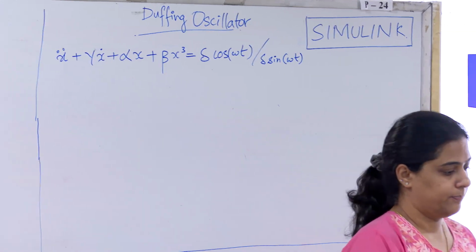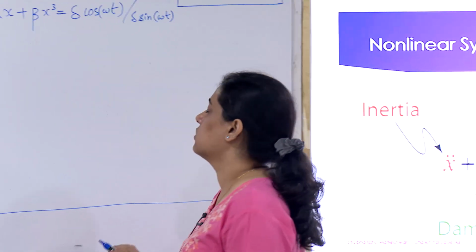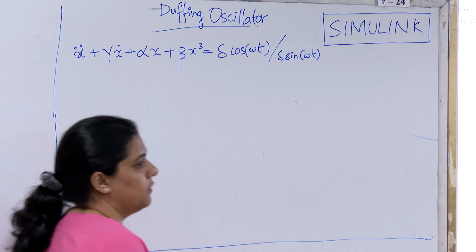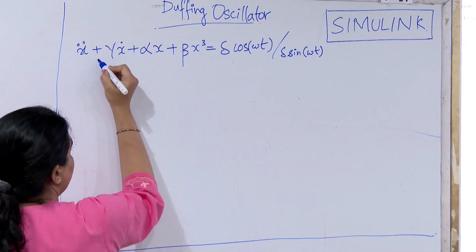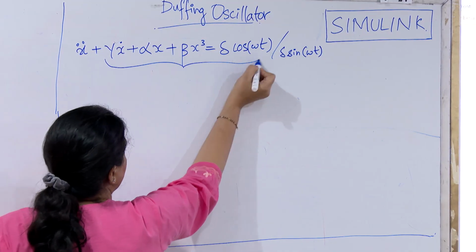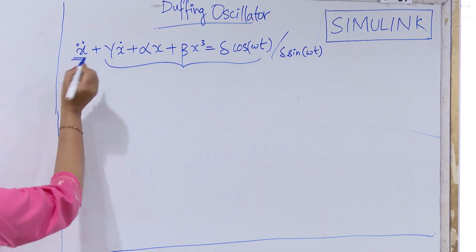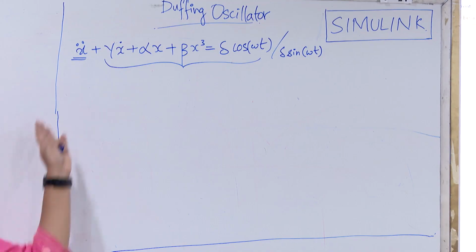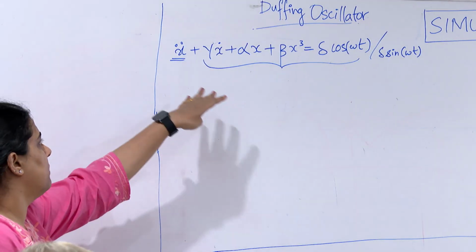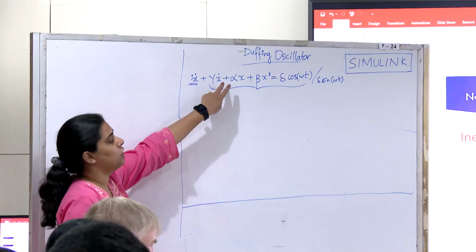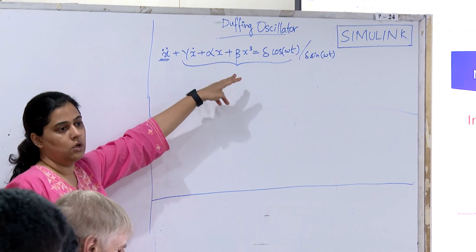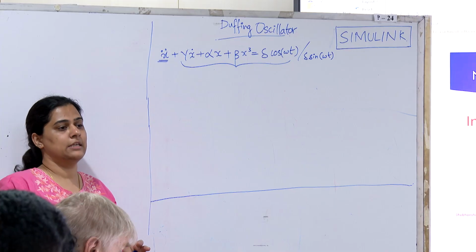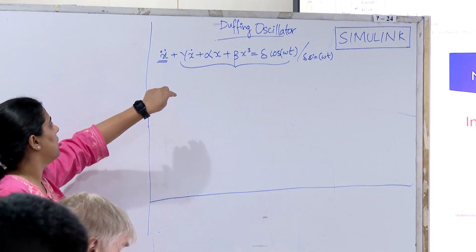Even in MATLAB, what we did, we just segregated this part of the equation separately, right? The highest order we have to take on one side, and we have to keep in mind that integrating x double dot you will get x dot, integrating x dot you can get x. So we can use an integration operator on x double dot and get x dot.